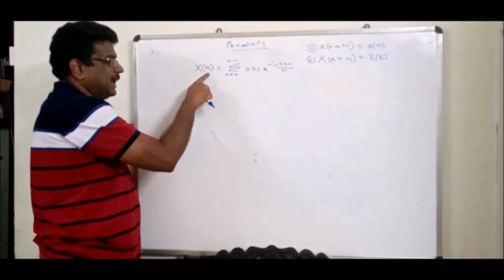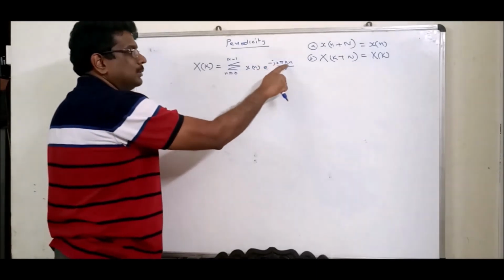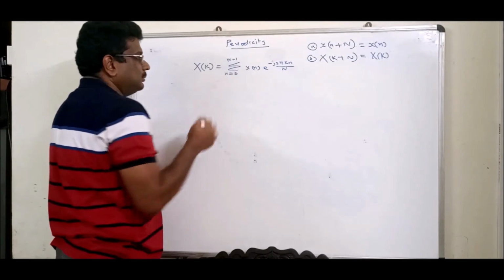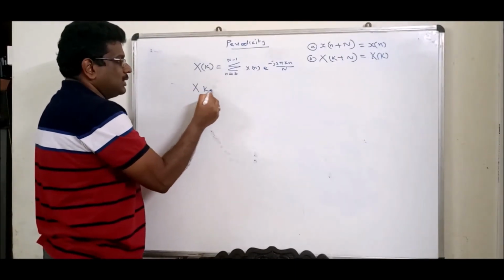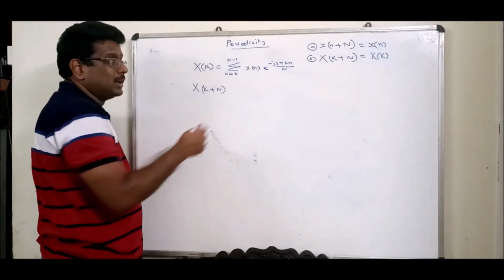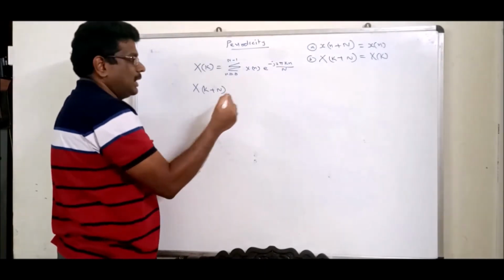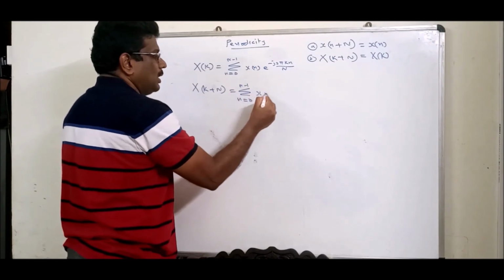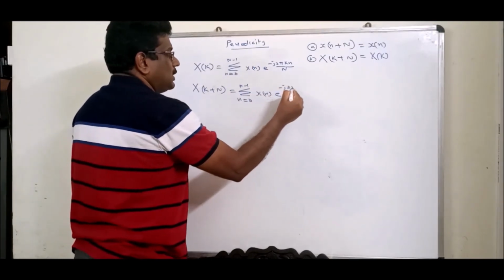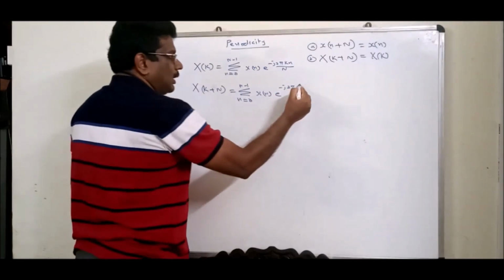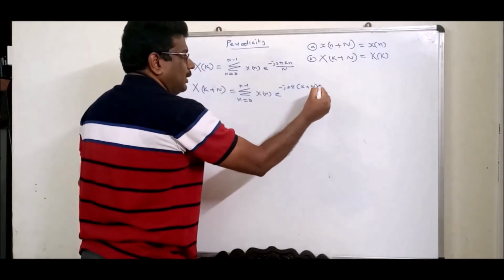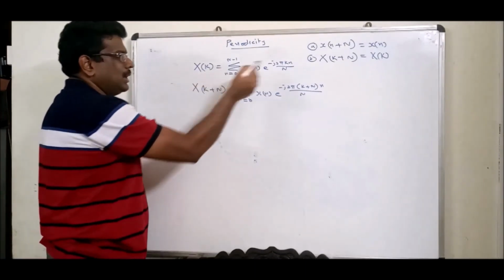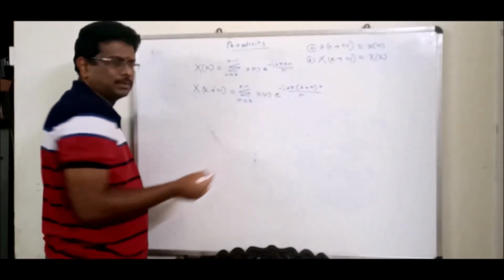It's a function of k, so here k. Now if it is a function of k plus N, then here also k plus N: summation n is equal to 0 to N minus 1 x of n e power minus j 2 pi, come on, k plus N by N. Just resemblance.